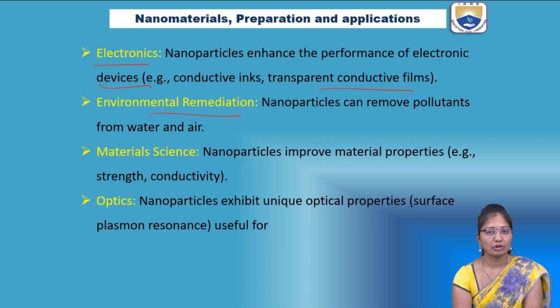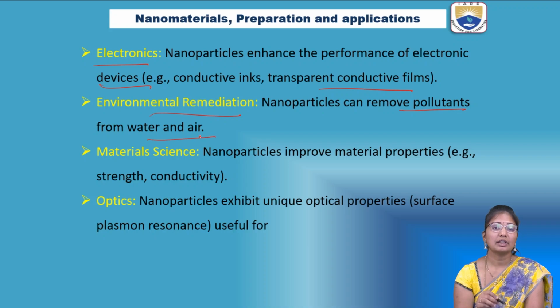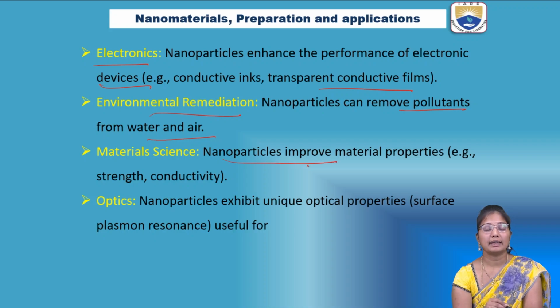Another one is the environmental remediation. These nanoparticles remove the pollutants from water and air. So these nanoparticles are applicable in cleaning, they are very eco-friendly, and they are used to remove the pollutants from water and air. Coming to the material science, they improve the material properties such as strength and conductivity, and the mechanical strength of the compounds or the materials can be improved by the nanoparticle materials.